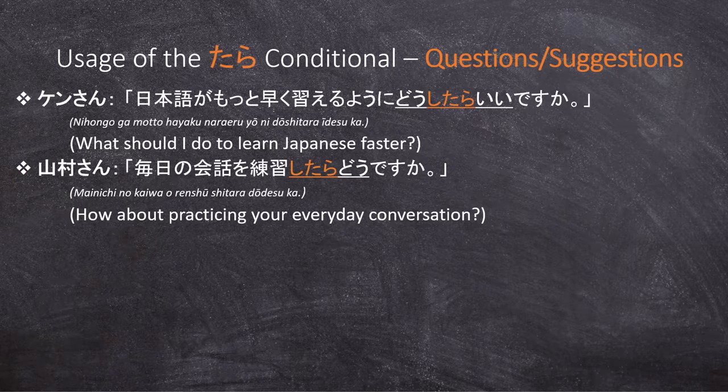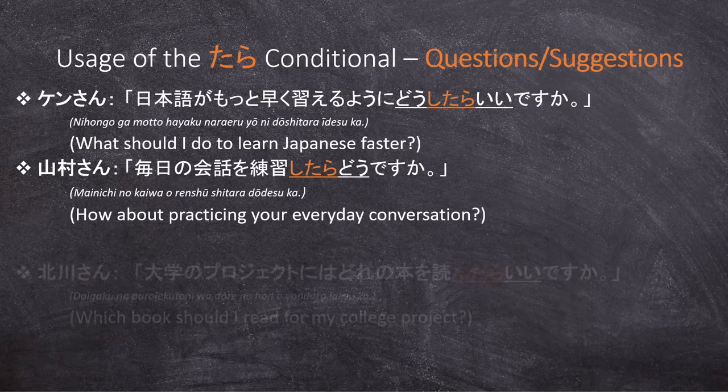And in the case of the question, first you must add do in front of it, and after that ii desu ka. But when you want to create a suggestion that is an answer to that question, then you should add do desu ka after it. So that is a very important point that you should remember and use it when you create your own examples during your own practice sessions.